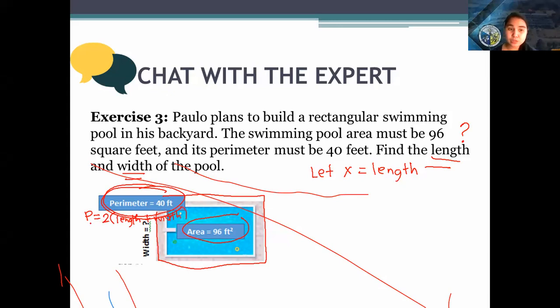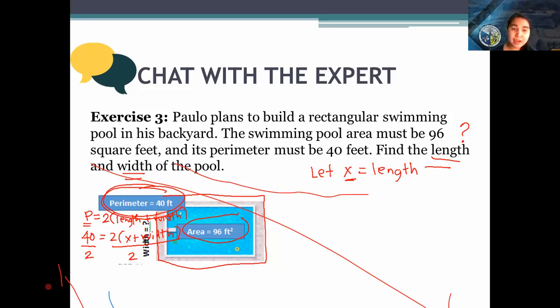So how will we do it? Let us substitute. What's the perimeter? 40 equals 2 times the quantity. What's the length? Here, x plus the width is missing. Next, there's 2 outside, right? So we divide both sides by 2. The left side divided by 2, the right side divided by 2.